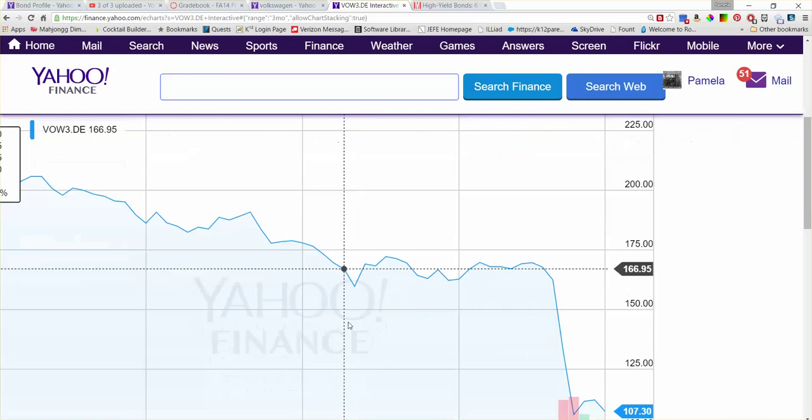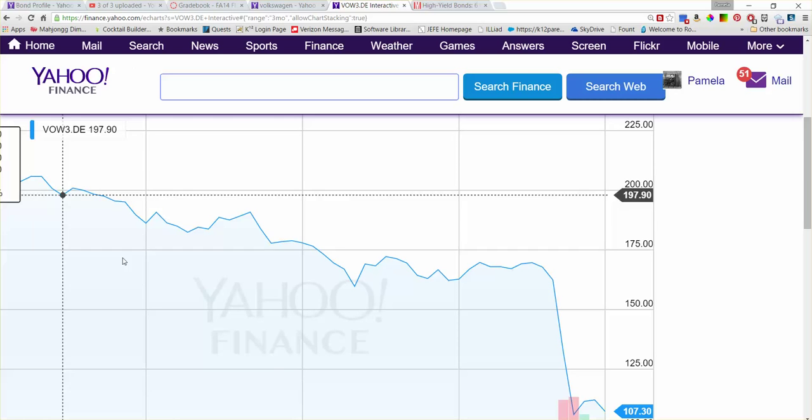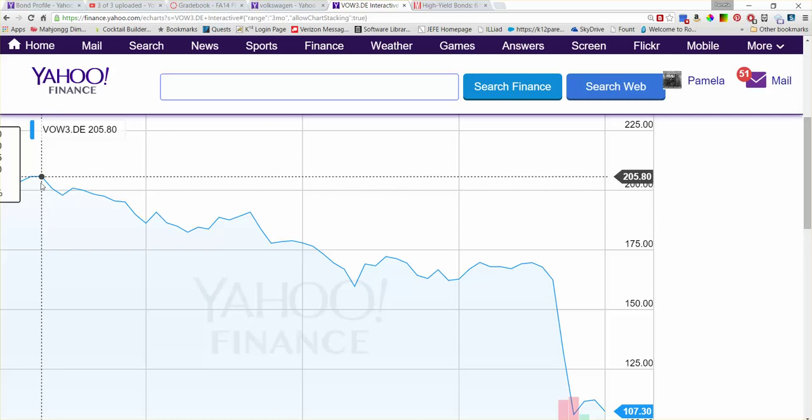So if y'all are watching the news, you may be aware that recently Volkswagen admitted it had been falsifying, I believe, data on its emissions, and it was actually producing much higher emissions than were allowed by the United States standards. I think that's what's going on. Look at the price of Volkswagen stock.